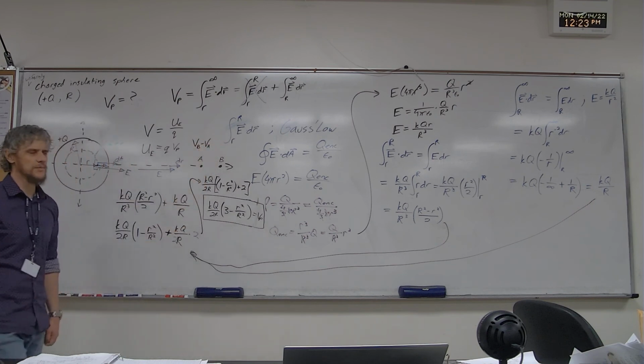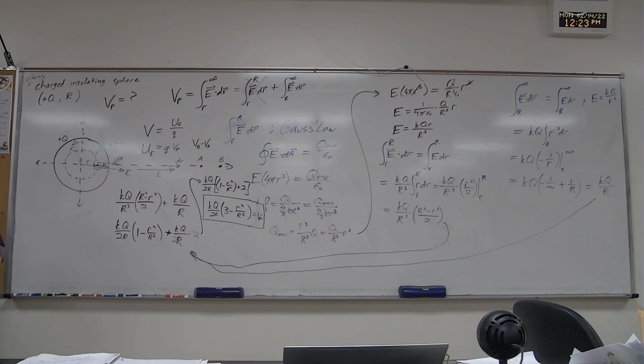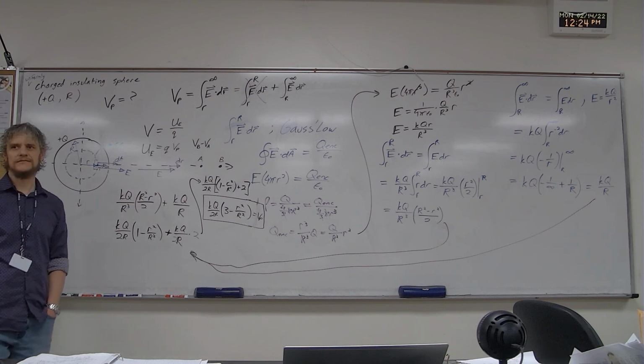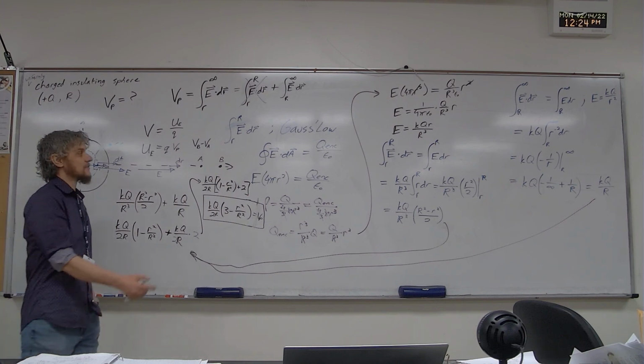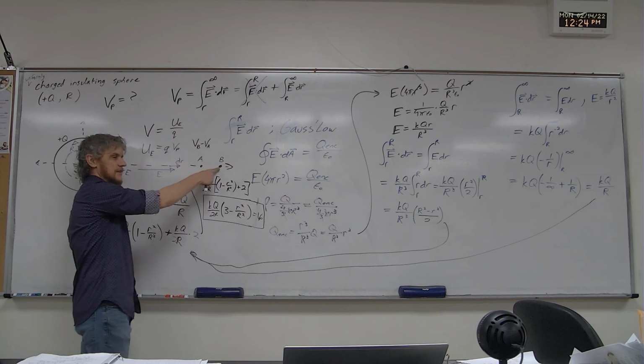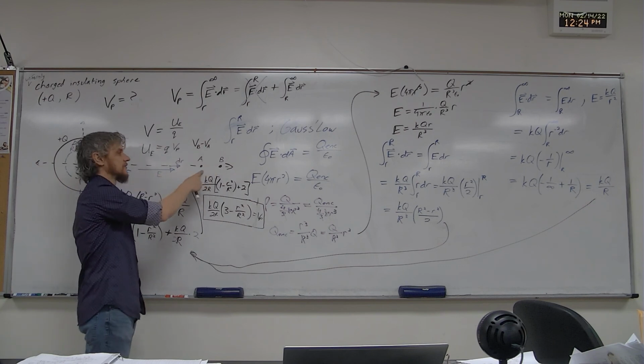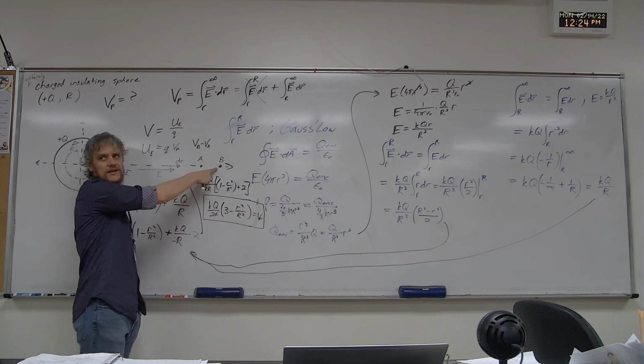Is that negative or positive? How do you know? Because VA is bigger than VB. Exactly. An object here has more potential energy than an object there. A charged object has more potential here than it has there. So it has to be negative.